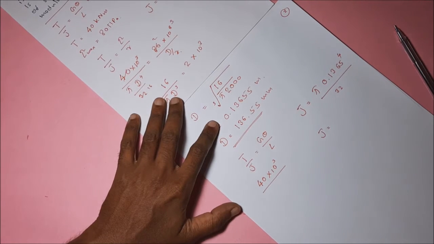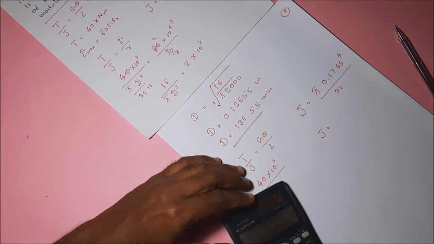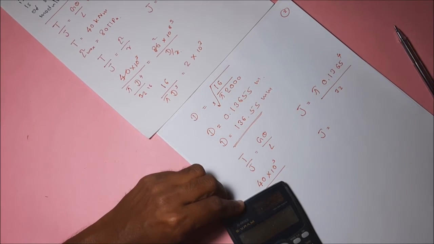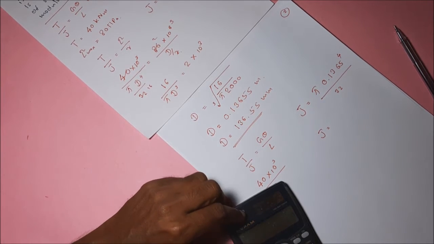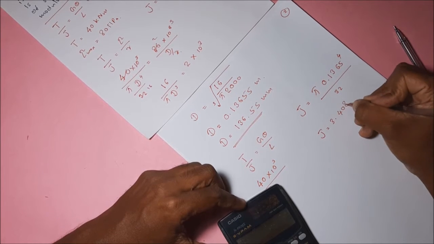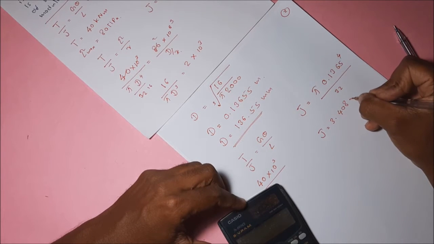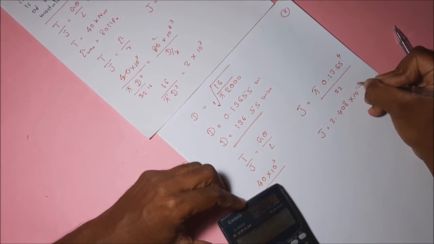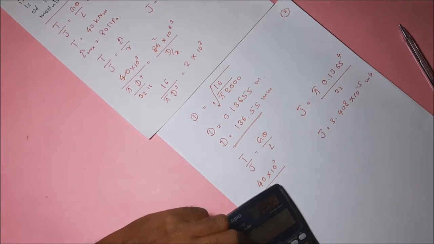J is, shift, pi into... 3.408 into 10 to the power of minus 5 m^4.